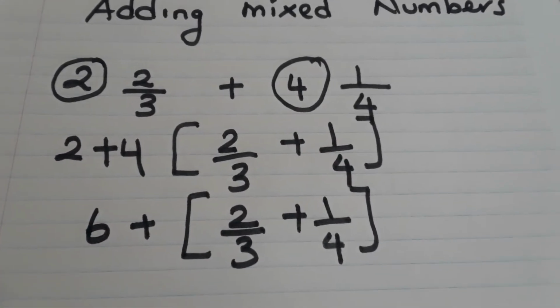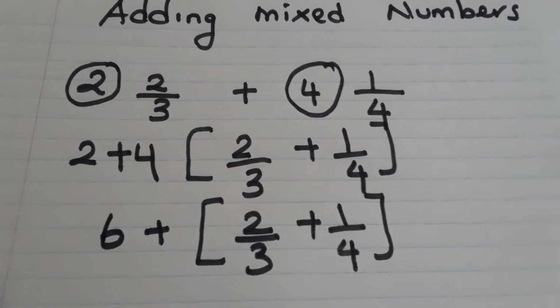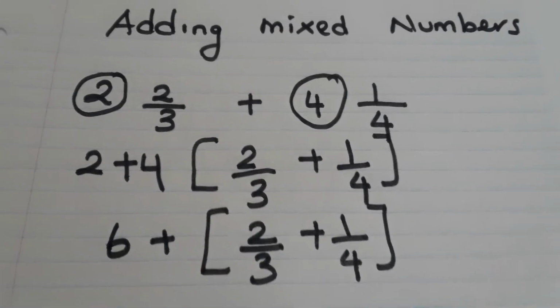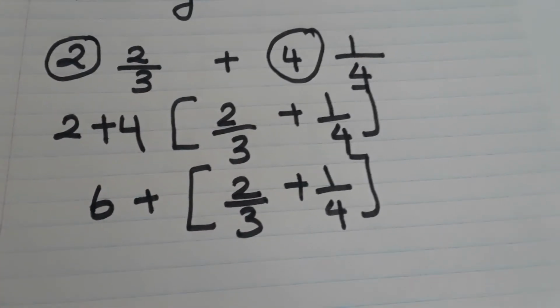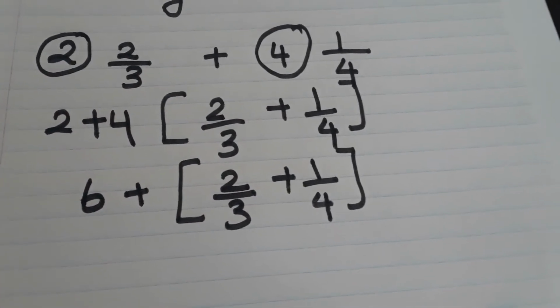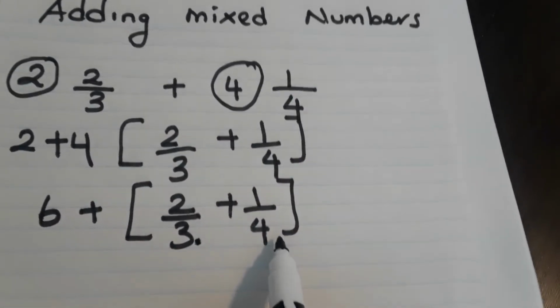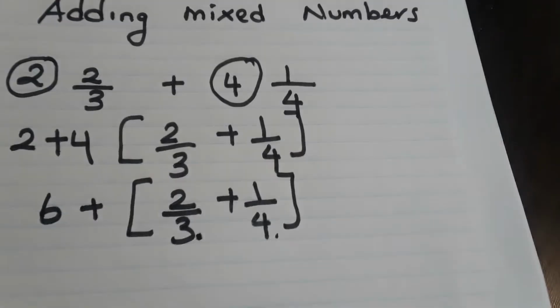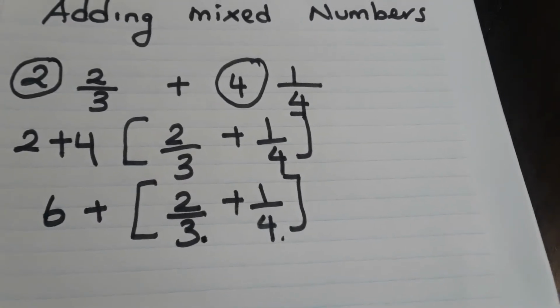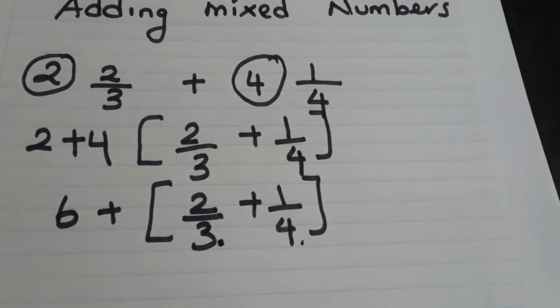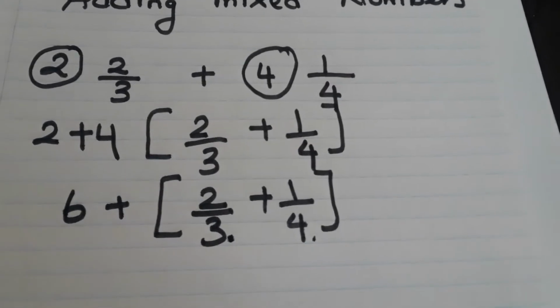Now add the fractions together. However, we need to have a common denominator. Since we have denominator 3 here and denominator 4 here, they are uncommon denominators. So we need to make the denominators the same before we can add these two fractions.